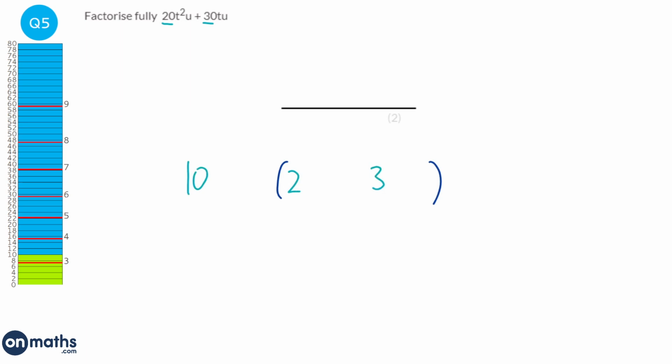So that's the numbers done. Next I'm looking at the t terms. So we've got t squared there and a t there. So we can divide out a t, but that will leave a t on the first term. And finally I'm going to look at the u, and there's just a u on both of them. I can factorise out, and actually that just leaves nothing on the inside of the bracket.